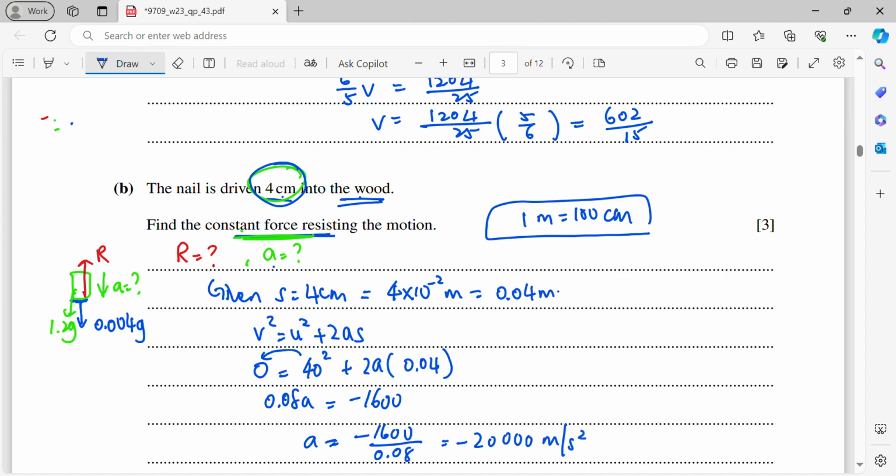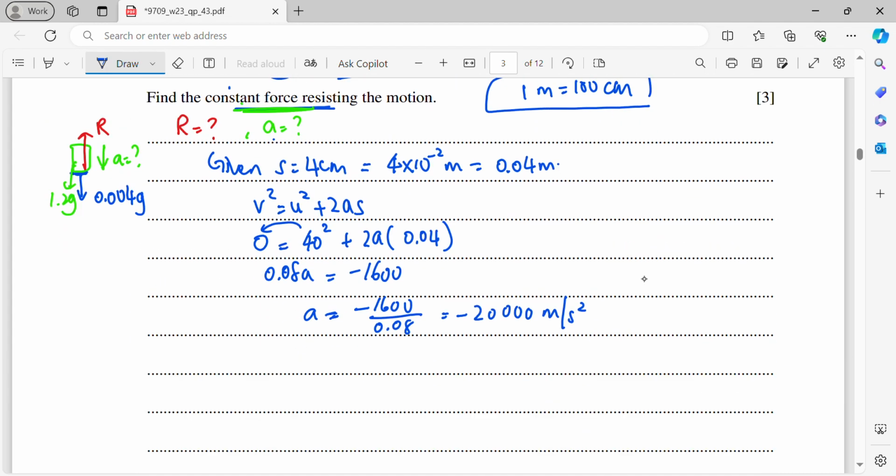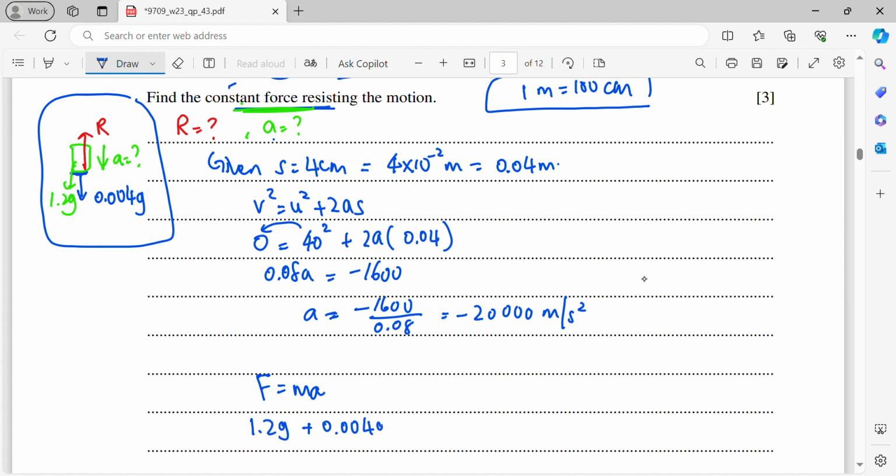meters per second squared. With this a, to get the R, which is your actual question, I will just use F equals ma, Newton's second law. Looking at this diagram, the downward forces are 1.2 g and 0.004 g.